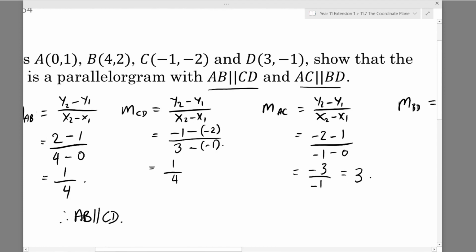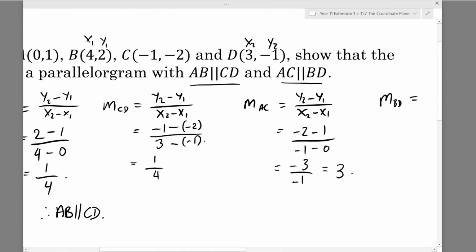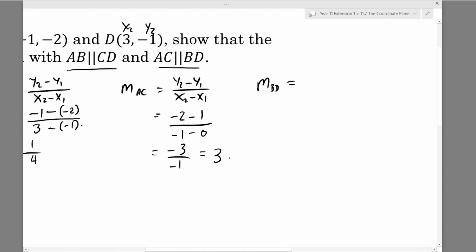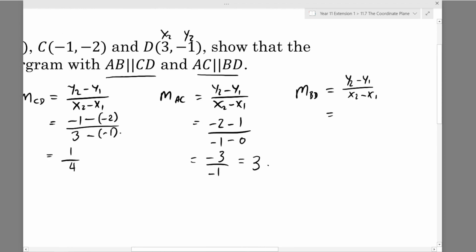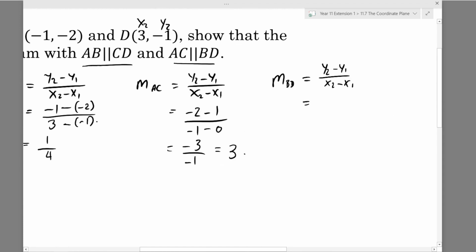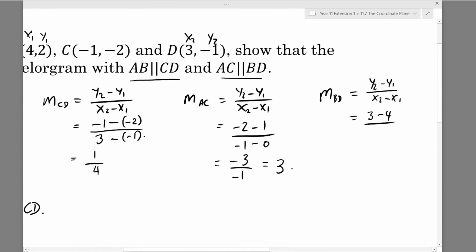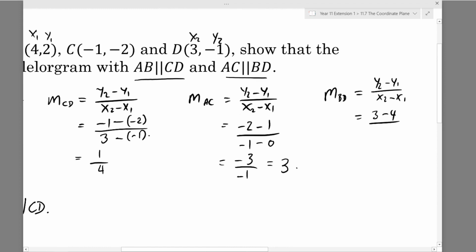And we're going to put in our x2, y2, and x1, y1. Okay, so doing our formula, y2 minus y1 over x2 minus x1 is equal to 3 minus 4 over, you can already see it's negative 1. x2 is, hang on, why did I pick 3 again?